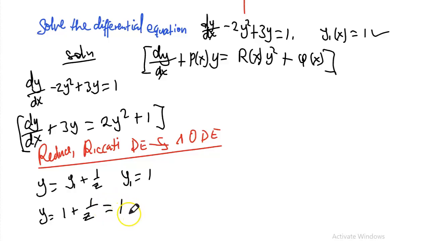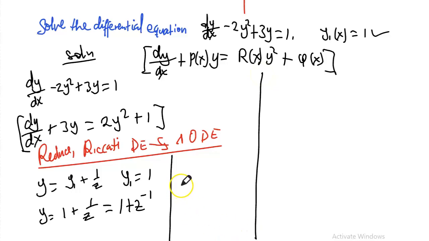So it becomes 1 plus z to the power negative 1. So this here is what we are going to differentiate and find what is our dy/dx. Let's go ahead and do that. If I find dy/dx of the function that we have, if I differentiate 1 by basic differentiation, it is simply 0.